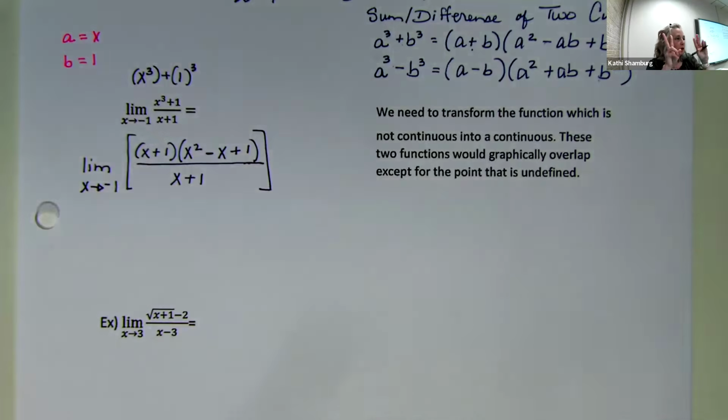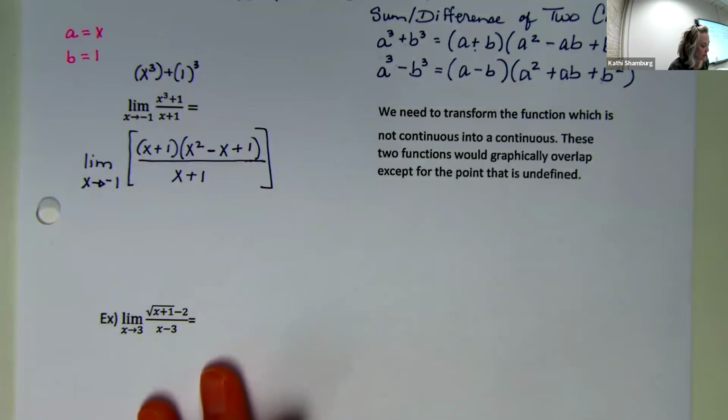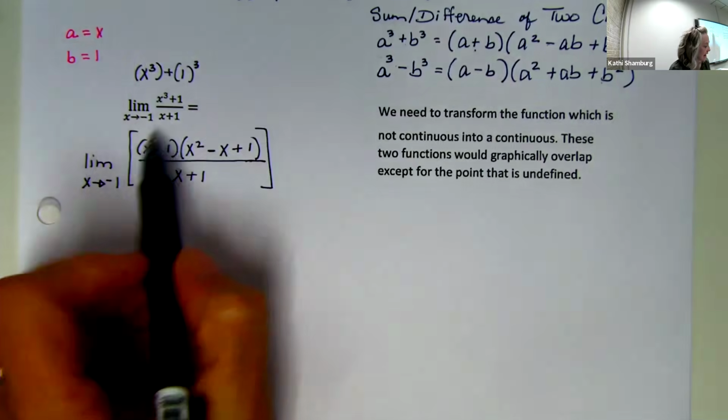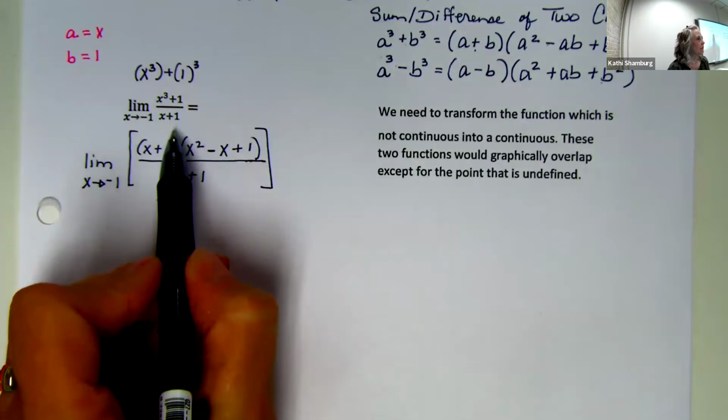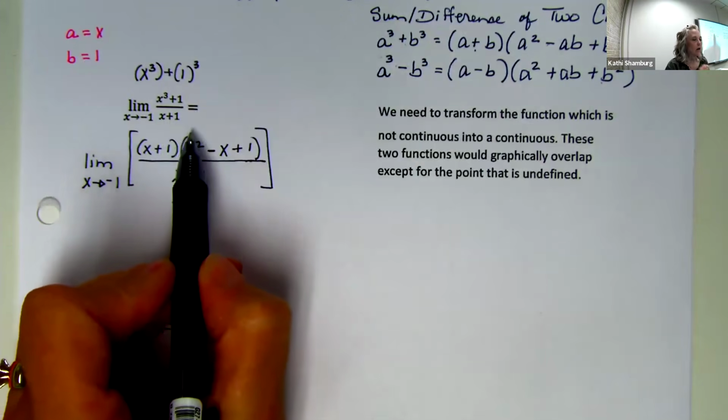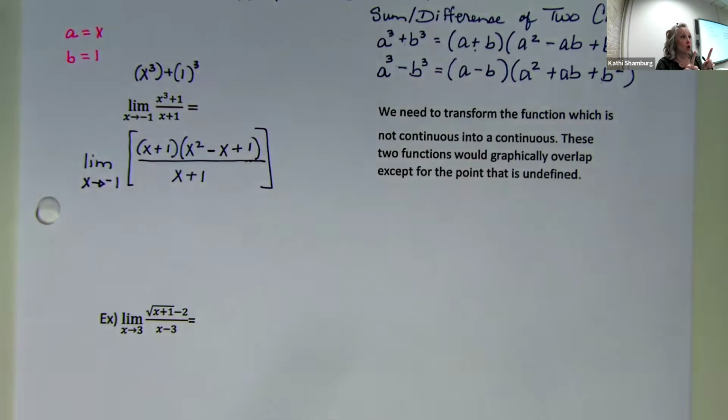Okay, some terminology I want you to remember. We have determined that x cannot be equal to -1. What does that create? A hole in my graph. What we're looking to do is to remove that hole so we can find the limit.